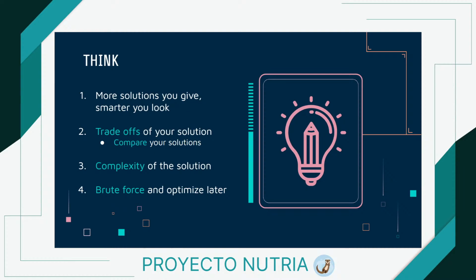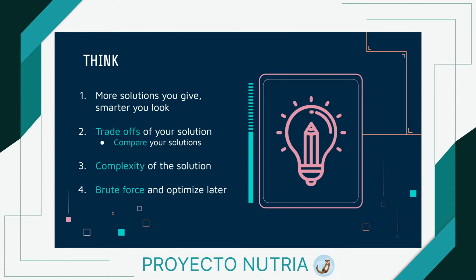You can say something like, okay, I have multiple solutions. We can solve this problem in this situation by using this, or this. And the more solutions you give, the smarter you look. Remember that you only have 1 hour to demonstrate that you are a really good fit for the company, and also that you're very smart, right?